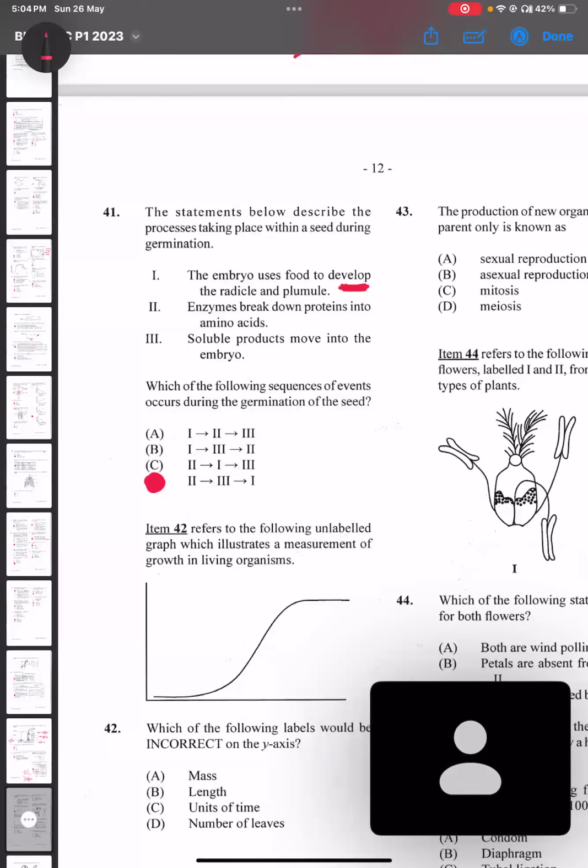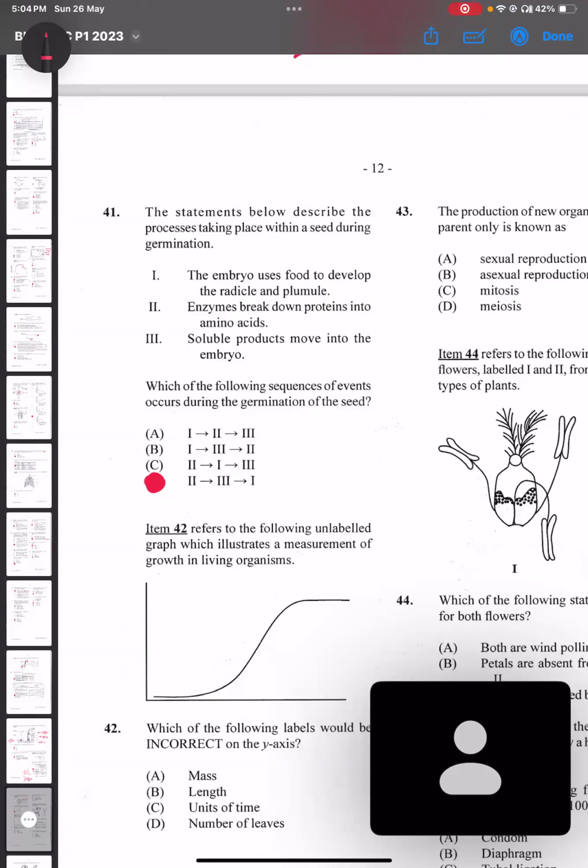So we have the enzymes. Remember that inside of the seed, everything is dormant, and then something triggers the germination, whether it is light, moisture, or temperature. Then you have enzymes that begin to break down the stored food inside of the endosperm or the cotyledon.